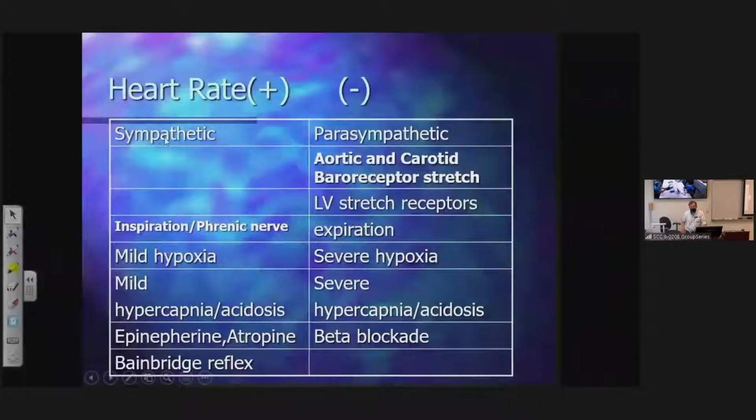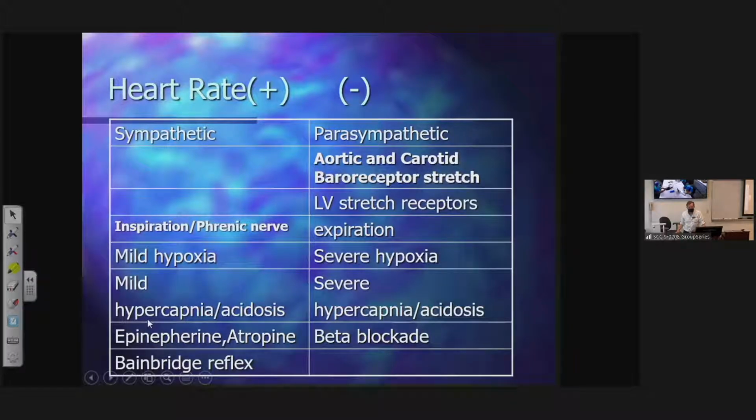So summarizing, the sympathetic nervous system makes your heart rate go up, and I'll just stay on the upside. When you take a big breath in, the phrenic nerve's active, that makes your heart rate go up. If you have mild hypoxia, that makes your heart rate go up.